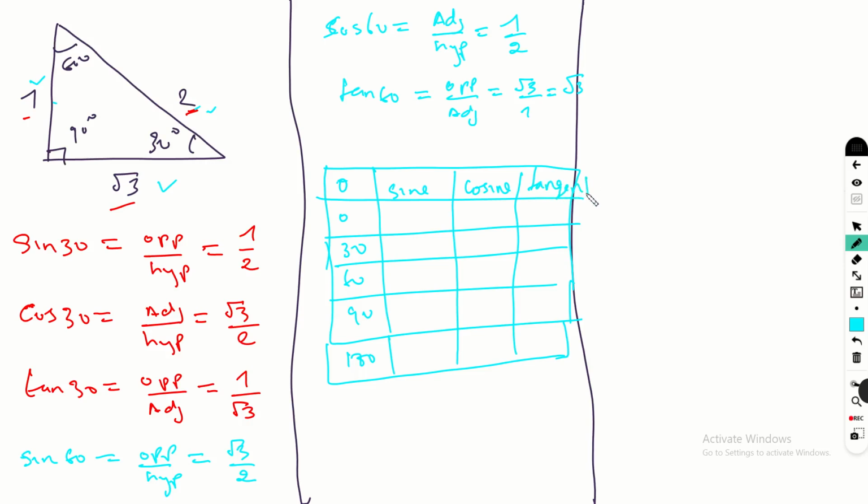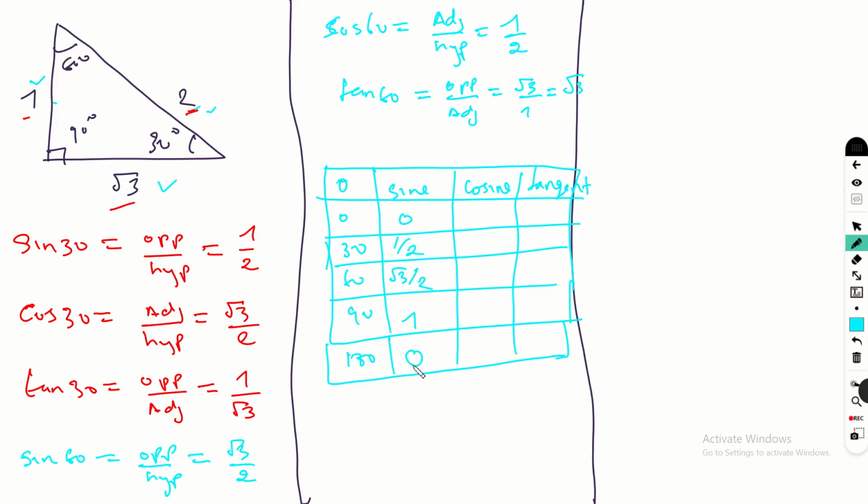So what is the sine of 0? It is 0. Sine of 30 is half, it's 1 over 2. The sine of 60 is root 3 on 2. Sine 90 is 1, and sine 180 is 0.